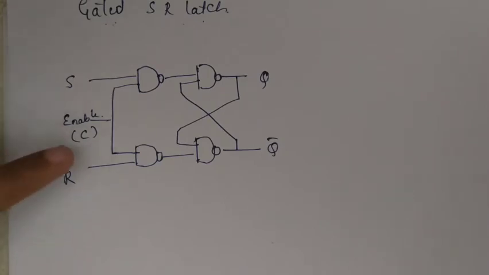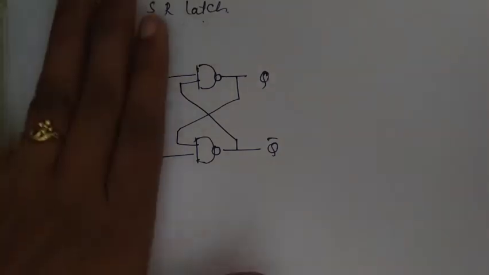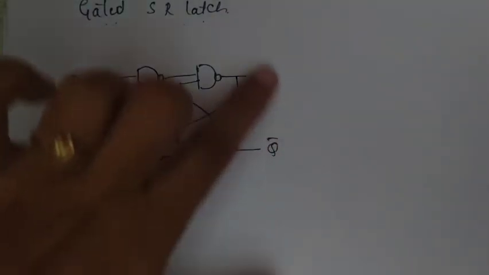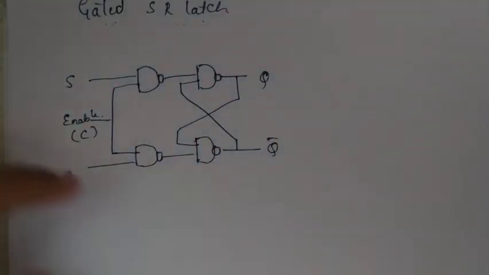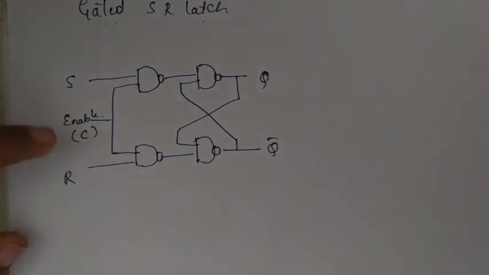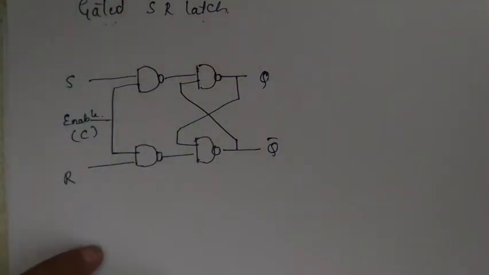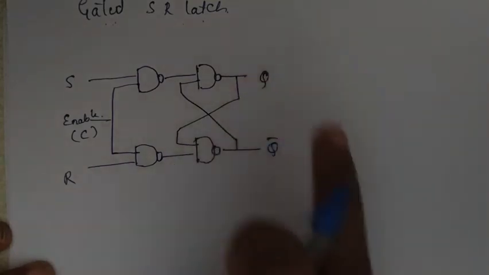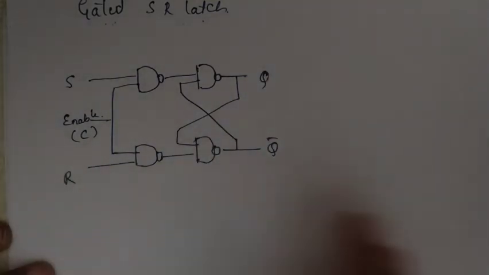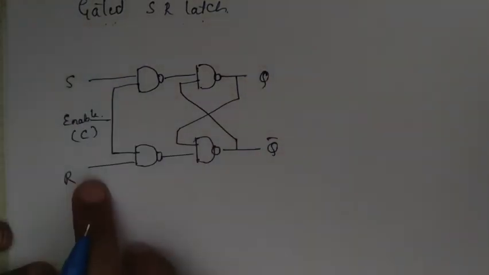The function table for this gated SR latch will be the same. When enable is equal to 1, the circuit behaves as an SR latch. If enable is equal to 0, then it will remain at whatever the previous value of Q and Q bar was, the same will repeat, whatever may be the input values.